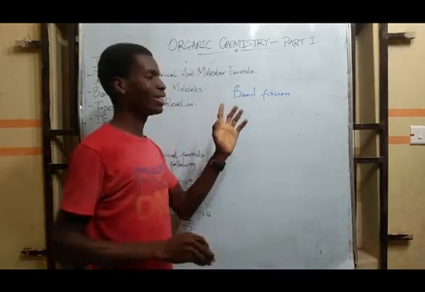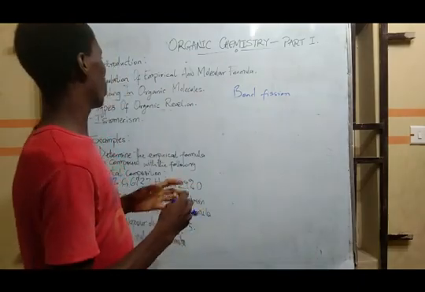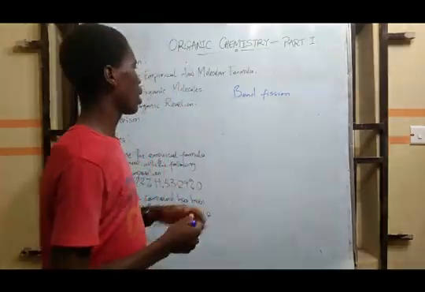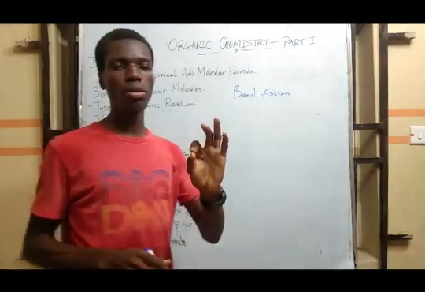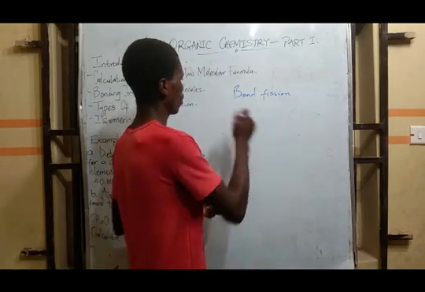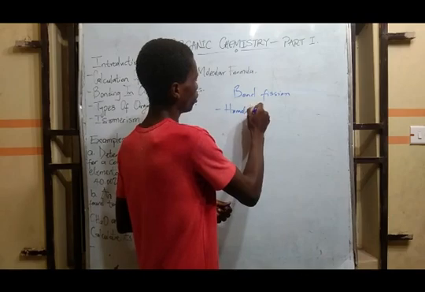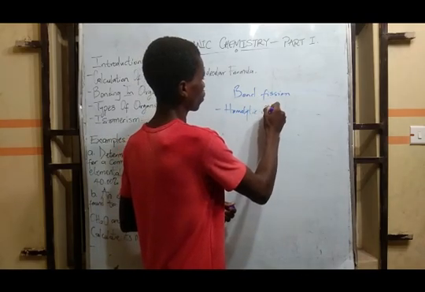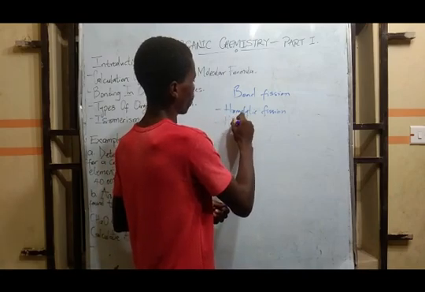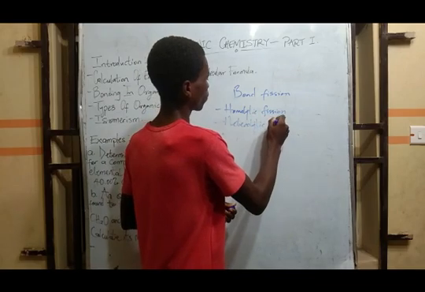So bond fission is the breaking of the covalent bond that binds a compound. And under bond fission, we have 2 types of fission: homolytic fission and heterolytic fission.